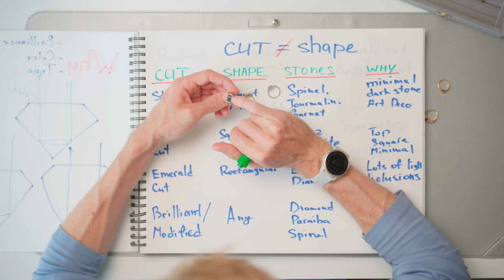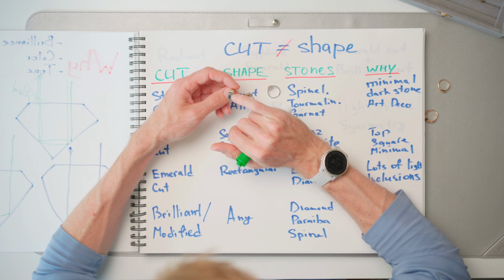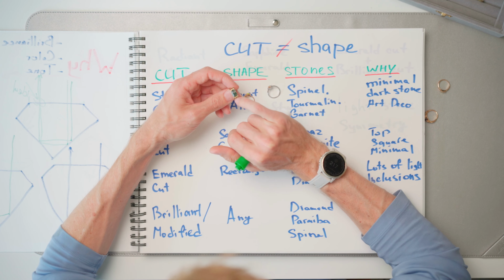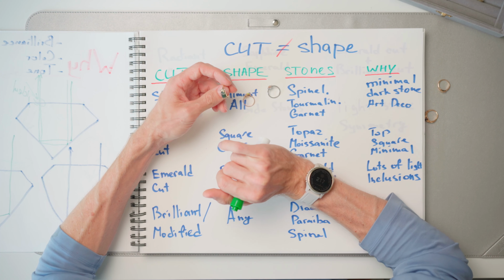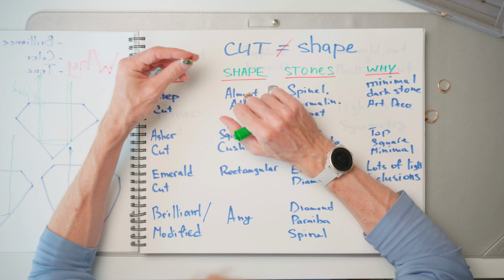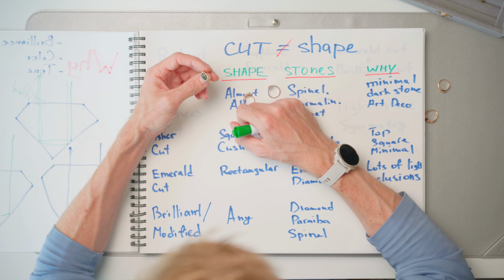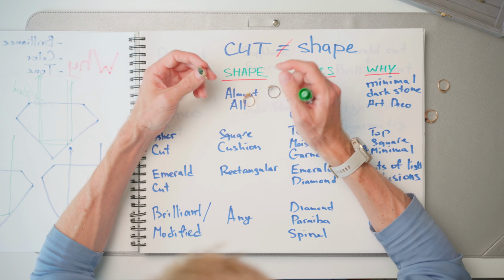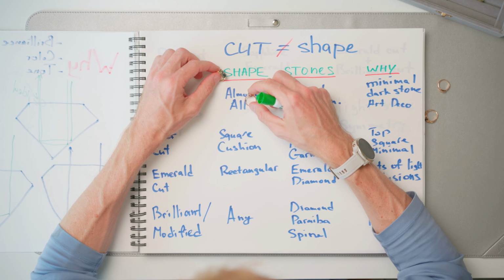For example, the step cut is when the facets are parallel to the girdle of the stone. The girdle is the widest portion of the stone right over here. At the same time, a rectangular shape can be cut in a radiant cut, for example. No problem at all over here.